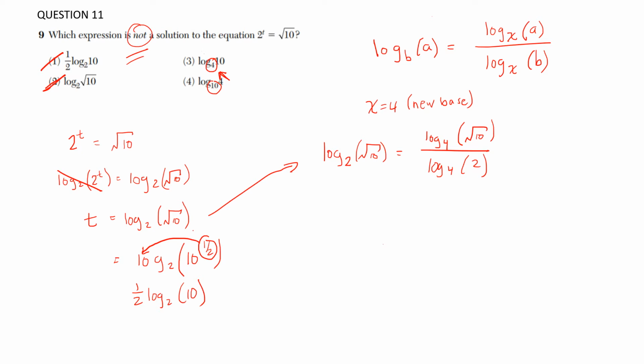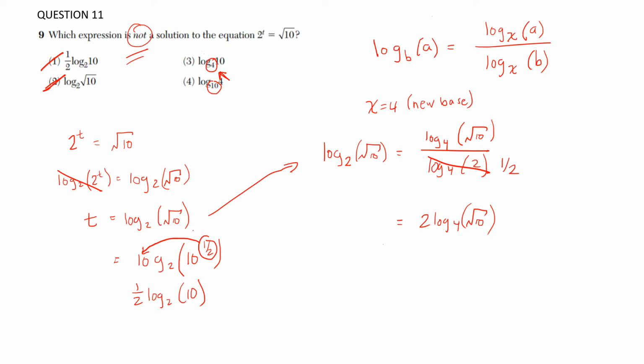So the denominator here, log base 4 of 2, will actually be 1/2. If you put that on your calculator, it will get to 1/2. And dividing by 1/2 is the same as multiplying by 2. So that's 2 times the log base 4 of square root of 10.